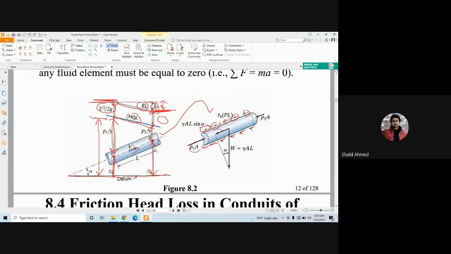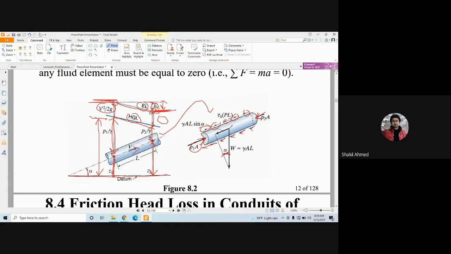This is the pressure. Since we are taking the free body diagram, the direction will be towards the fluid mass. If this is the angle theta, then this should also be theta or alpha, whatever you say.